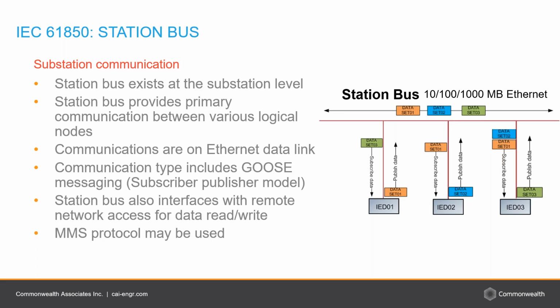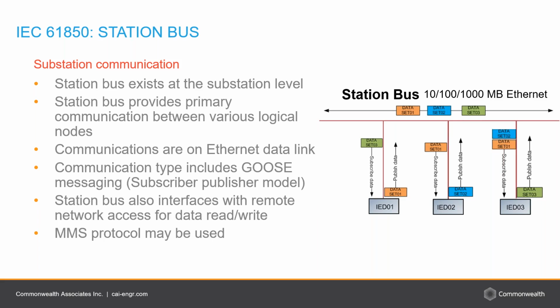Now further, IED 03 over here, its sole job is to ascertain the status of the disconnect switch and put that information on dataset 03 and publish that on the station bus. So once that disconnect switch information has been published on the station bus by IED 03, then IED 01 can get that information since it has been configured to look for that type of information.